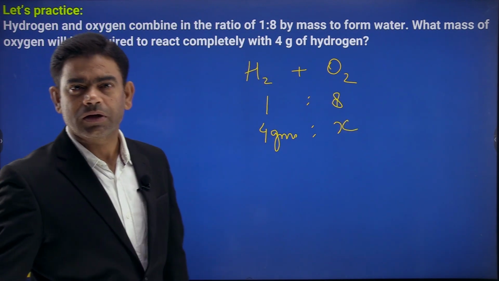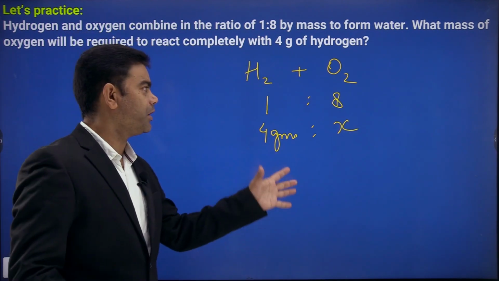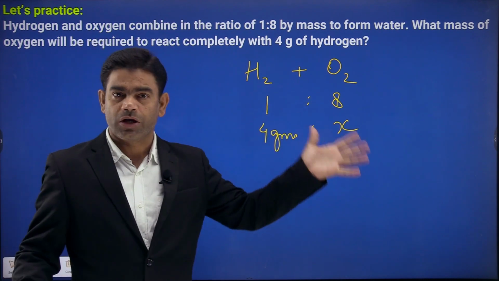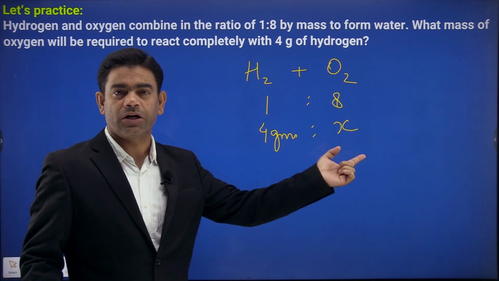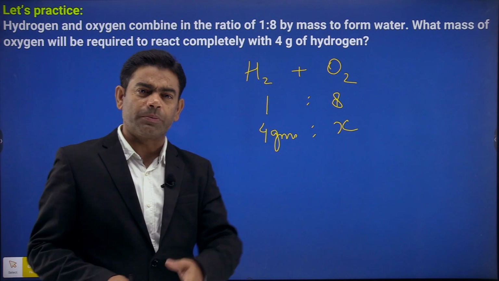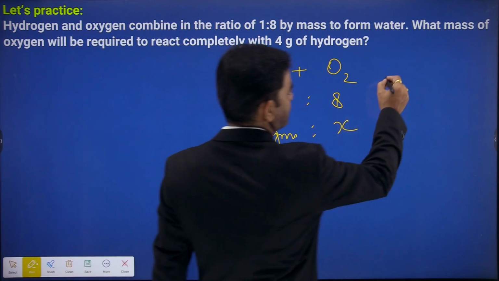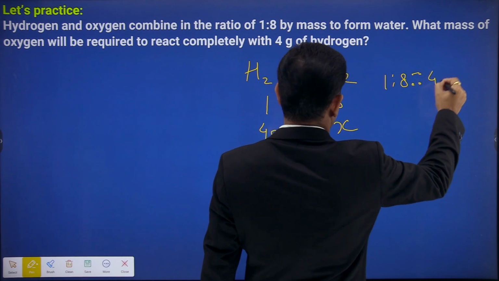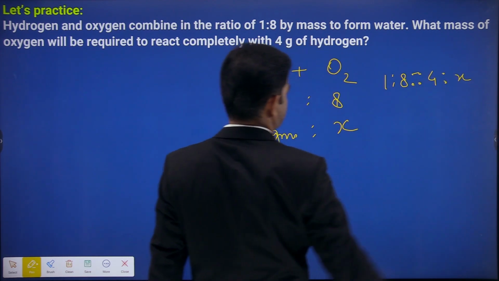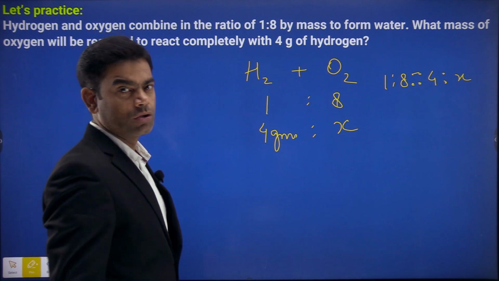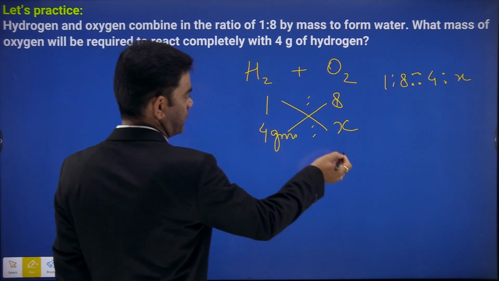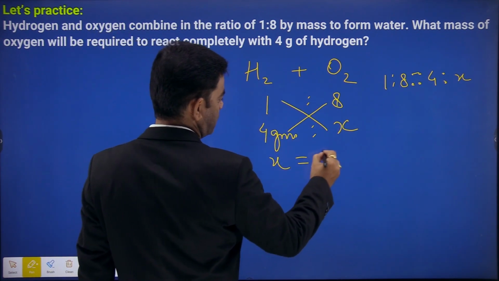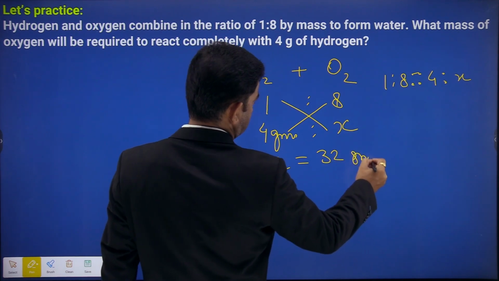X. कंसेप्ट को हमने इक्वेशन से बना लिया। 1:8 तो रेशियो है मेरे पास, 4 में कितना जाएगा? ओके अगर हमने रेशियो एंड प्रोपोर्शंस पढ़ा होगा तो आपको याद होगा, I can write it as 1:8 such that 4:x. Then what do we do? Cross multiply, I will get 1 into x equals 8 into 4, that is 32 grams.